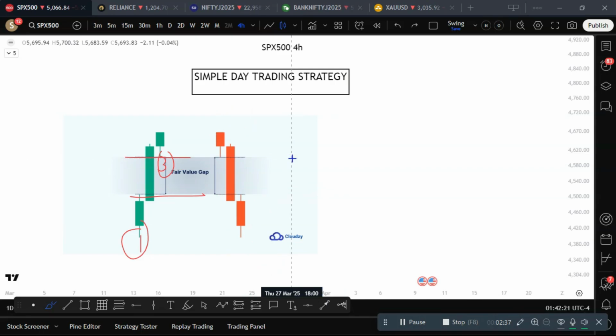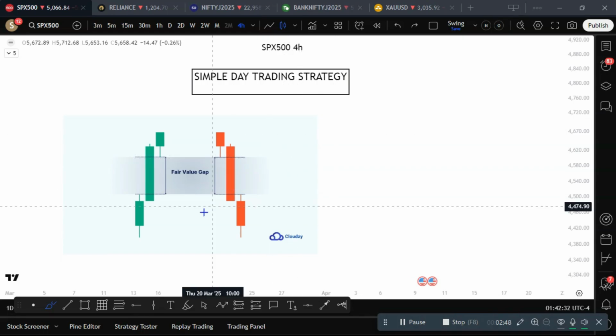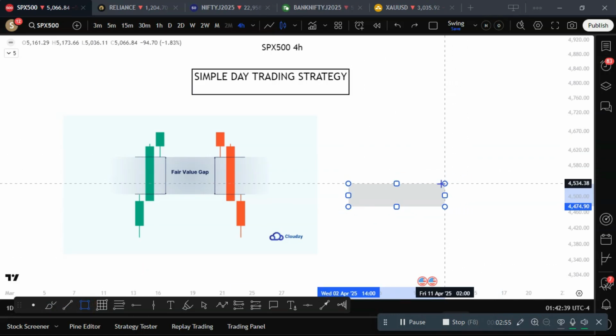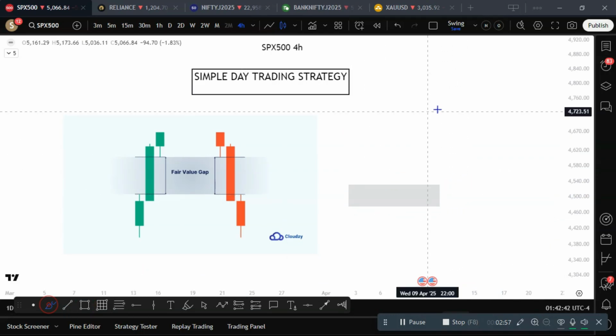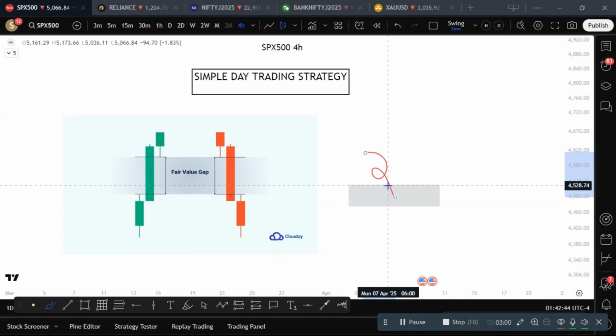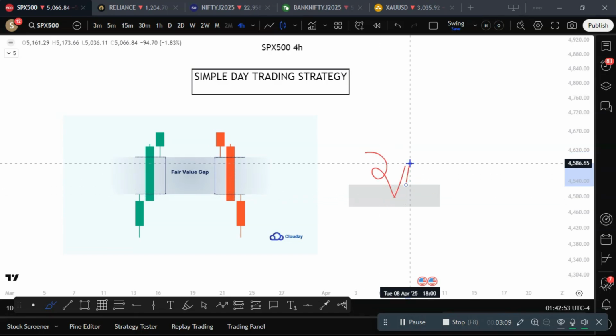Okay, so the strategy is simply, we are going to use two time frames. Time frame number 1 is 4 hour, time frame number 2 is 15 minute. So what is the strategy? Let me explain in theory first. We will wait for the fair value gap in the 4-hour time frame, and when price comes to our fair value gap, we will drop down to the 15-minute time frame for our execution, and we will wait for a fair value gap again in 15 minutes.